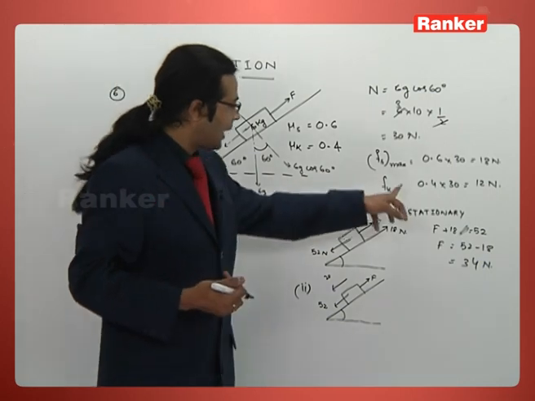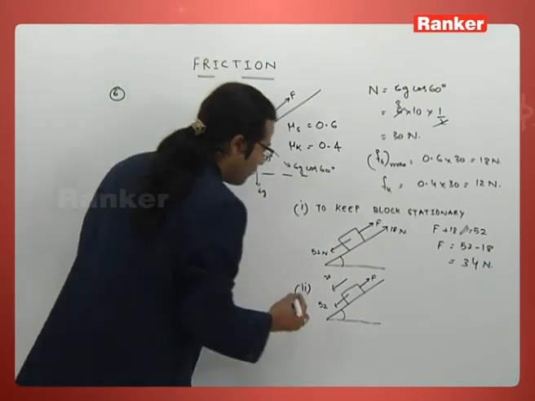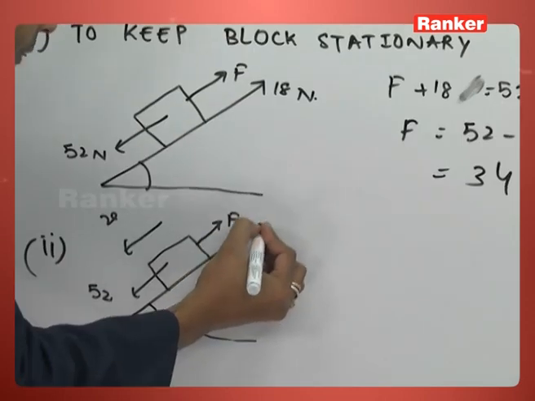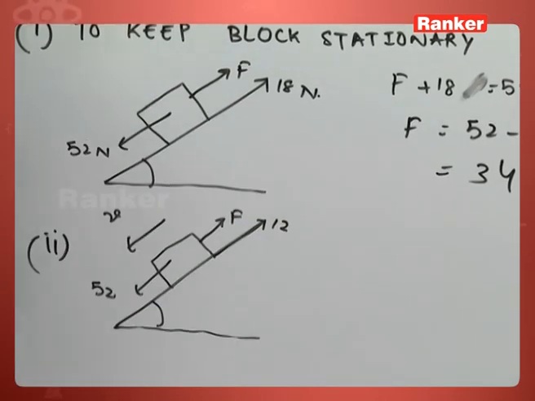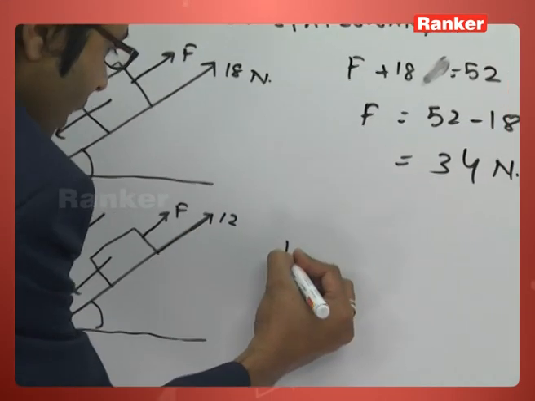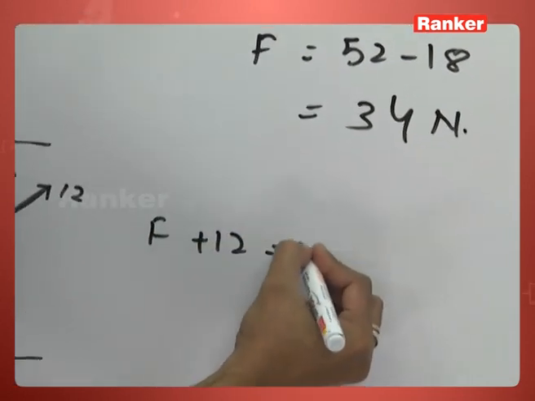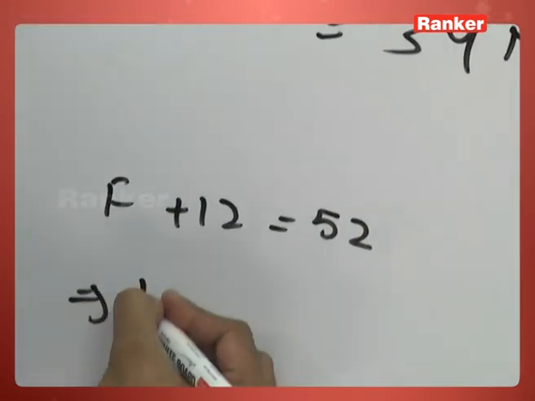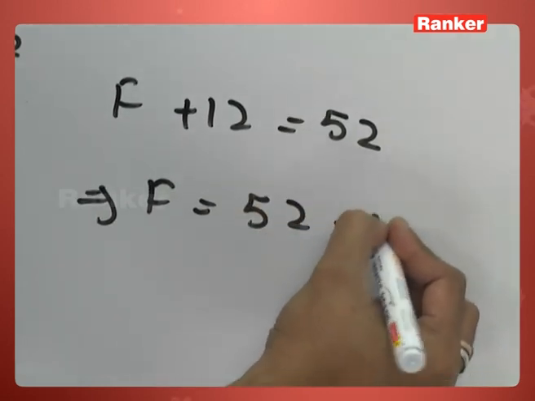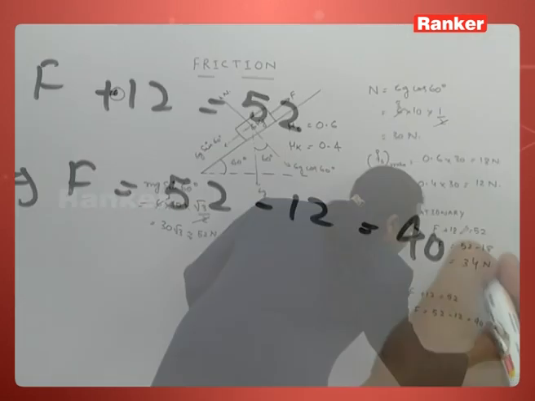The frictional force acting will be kinetic frictional force, which is 12 Newton. So for the second option, F plus 12 is equal to 52, or F is equal to 52 minus 12, that is 40 Newton.